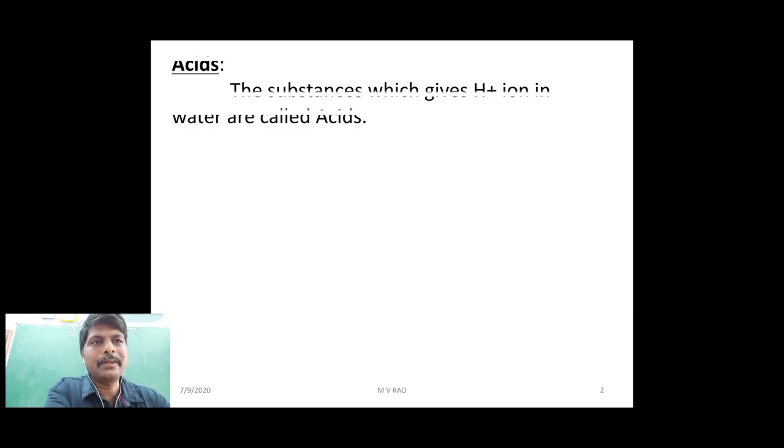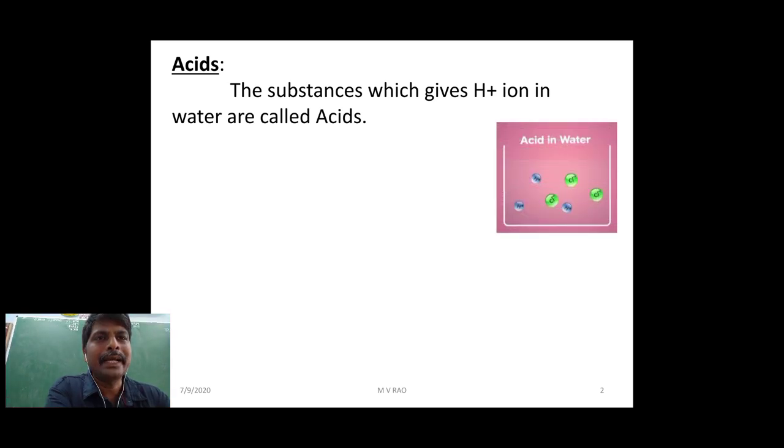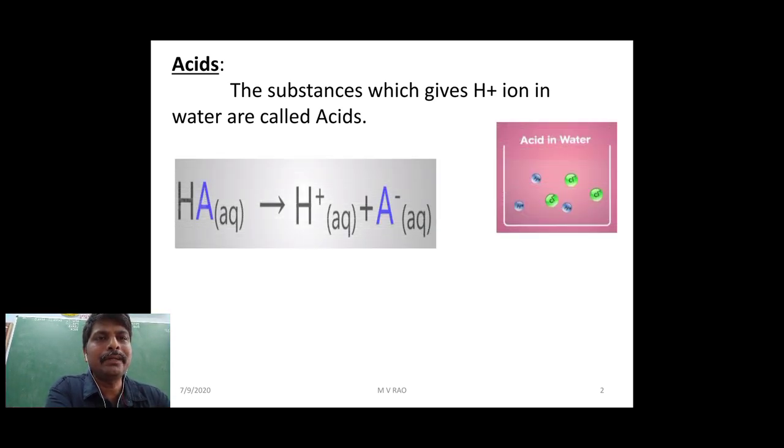So first of all, we will see what is meant by acid. What is meant by acid? The substance which gives H plus ions in water is called an acid. For example, you can take acid HA.